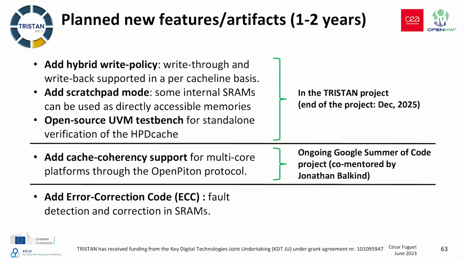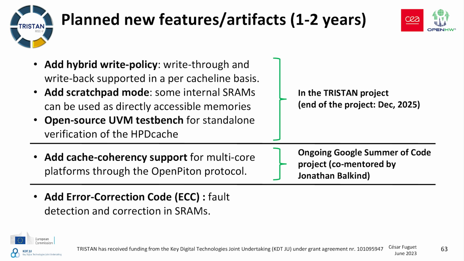For example, you put the stack segment in write back, but all the data that is shared with other cores in your system you put in write through. That way you save a lot of power, because most of the writes in your system are in the private part, the stack, and there are only a few writes in the shared part that will be write through.